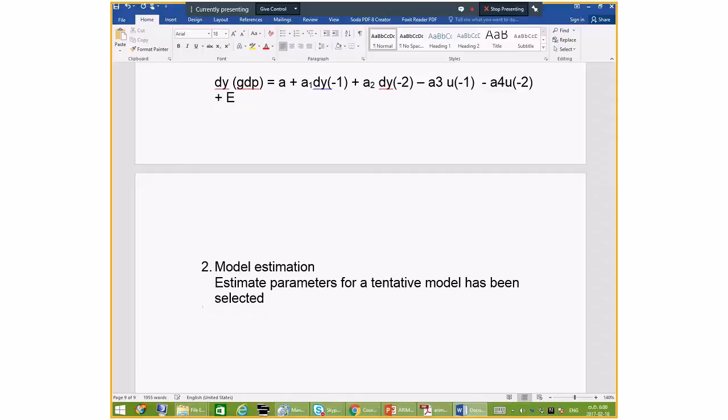Then the third step is model checking. Model checking is autocorrelation, using ACF, and we use the Q statistics.